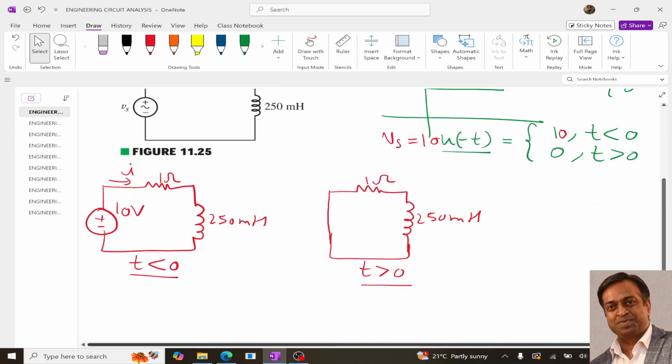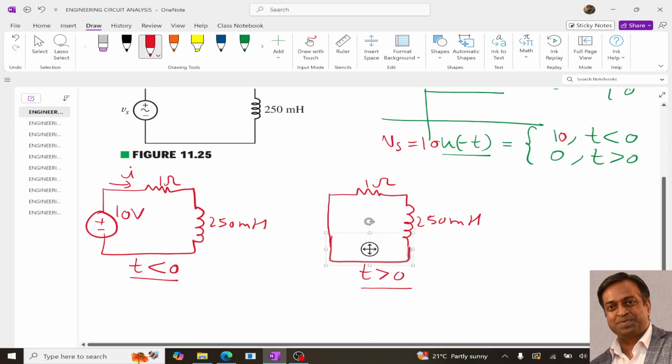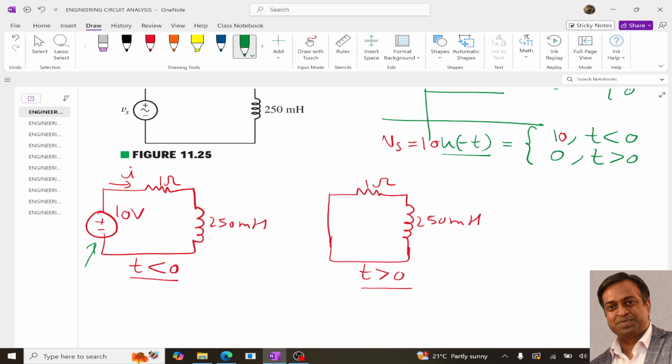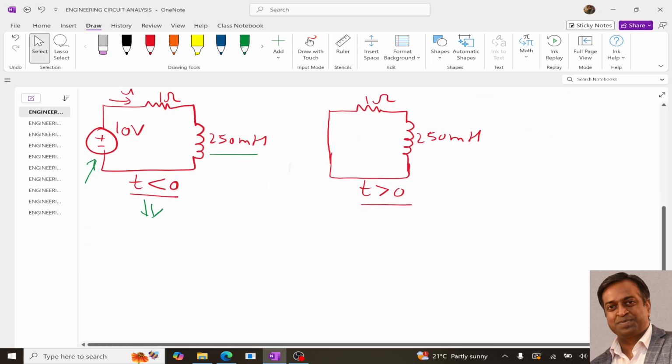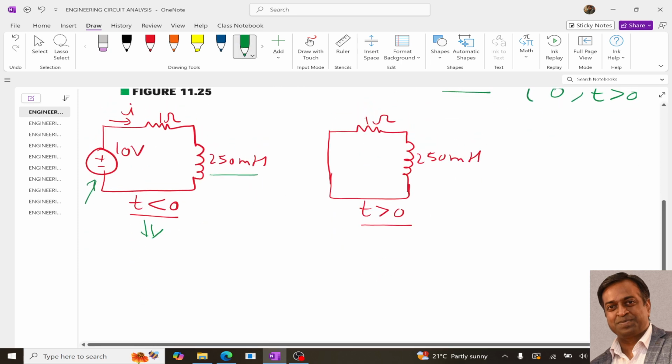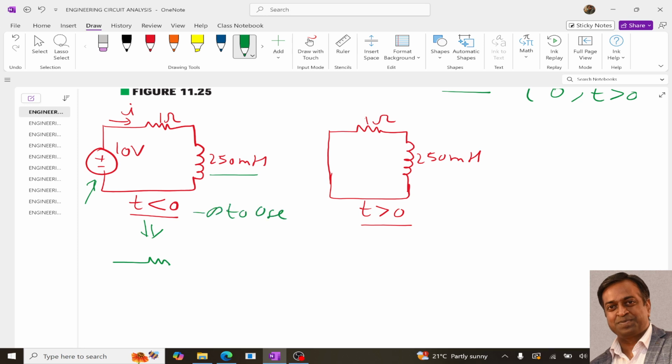When the voltage source is there, this inductor is going to accumulate energy, and once it has accumulated the energy, it can be replaced with a short circuit. Since 10 volts is there from minus infinity to 0 minus seconds, this inductor must be behaving as a short circuit.